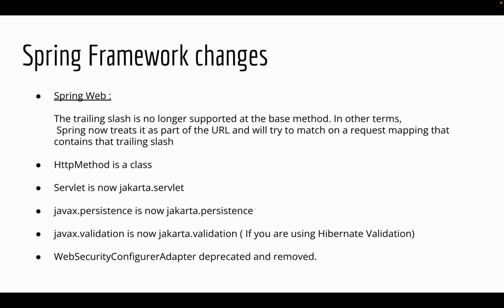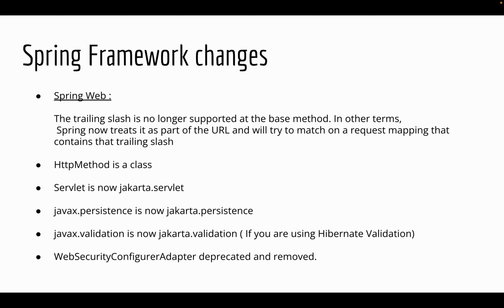Now if I talk about the Spring Framework changes, one very important upgrade is around URL matching. Please note that the trailing slash is no longer supported in the base method. In other words, Spring now treats it as a part of the URL and tries to match on the request mapping that contains the trailing slash.